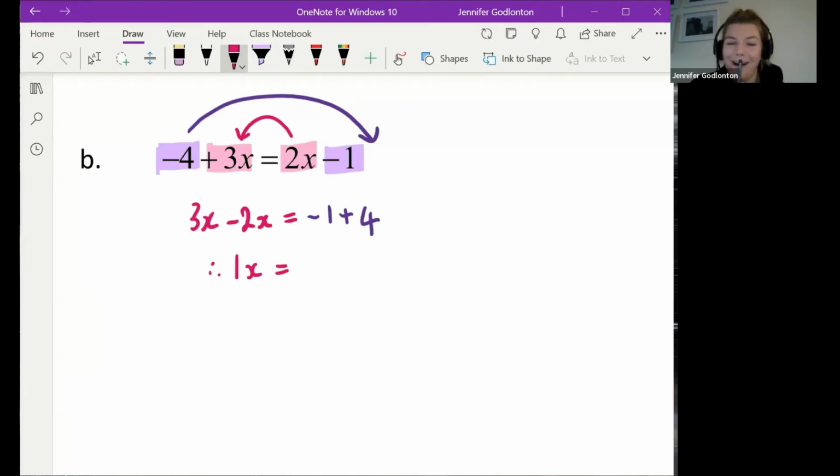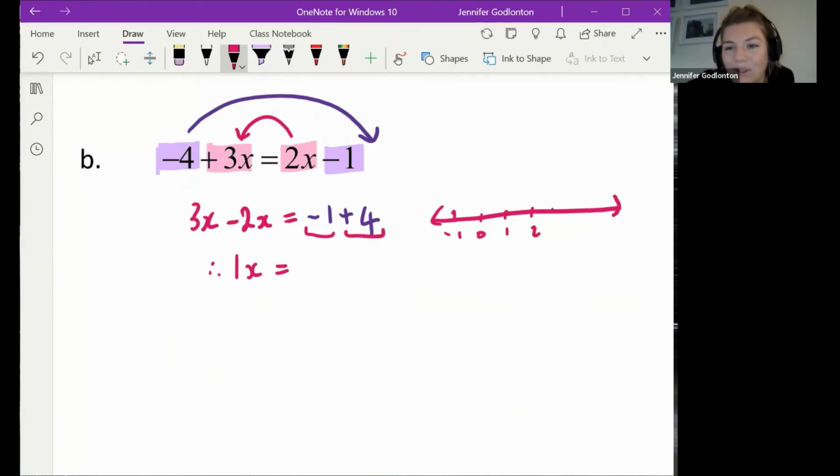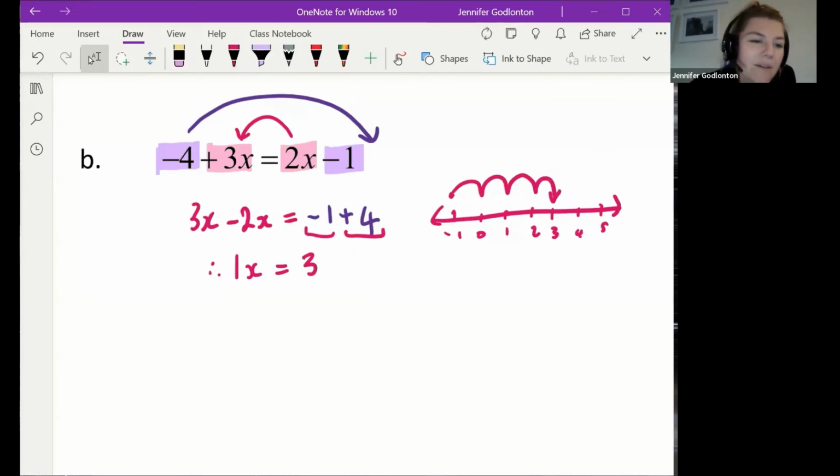Oh, not negative 5, positive. Okay, I mixed that up. So now be careful here. We have negative 1 and then we're plussing 4. If we were on our number line, negative 1, 0, 1, 2, 3, 4, 5. We're here and we're plussing 4. We're going 1, 2, 3, 4, which means our answer is going to be 3. But remember, guys, that's what we have our calculators for.